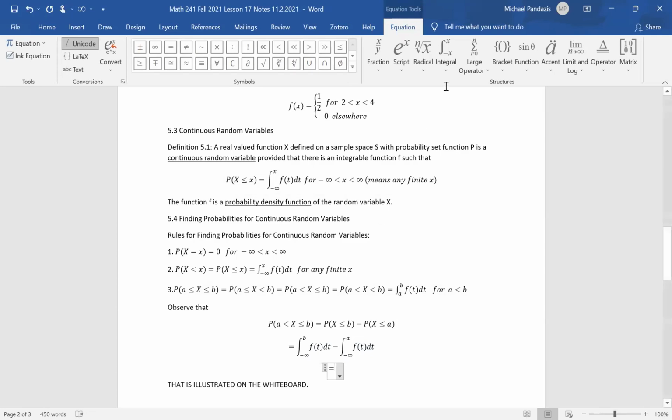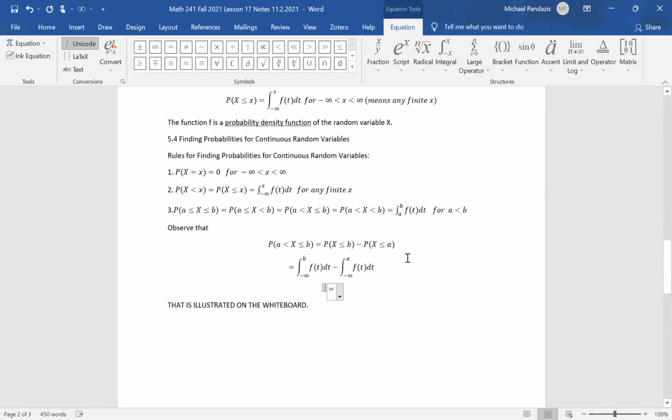If you're integrating from negative infinity to b and you subtract the integral from negative infinity to a, you're left with the integral from a to b of f of t dt.